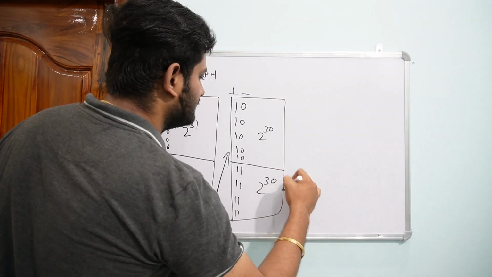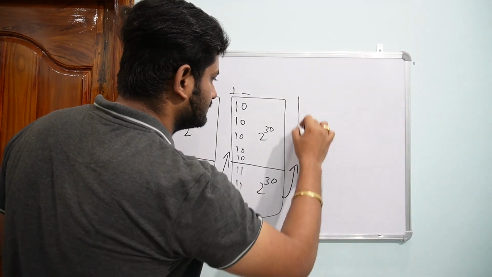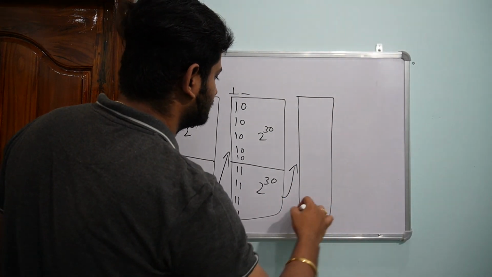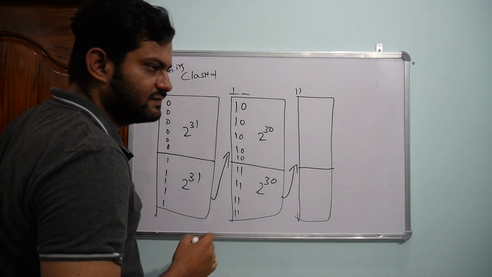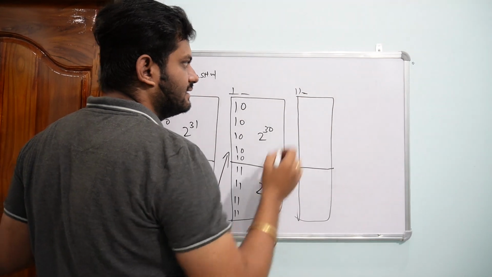And from here, now we have the first 2 bits fixed, and now we want to fix the third bit.